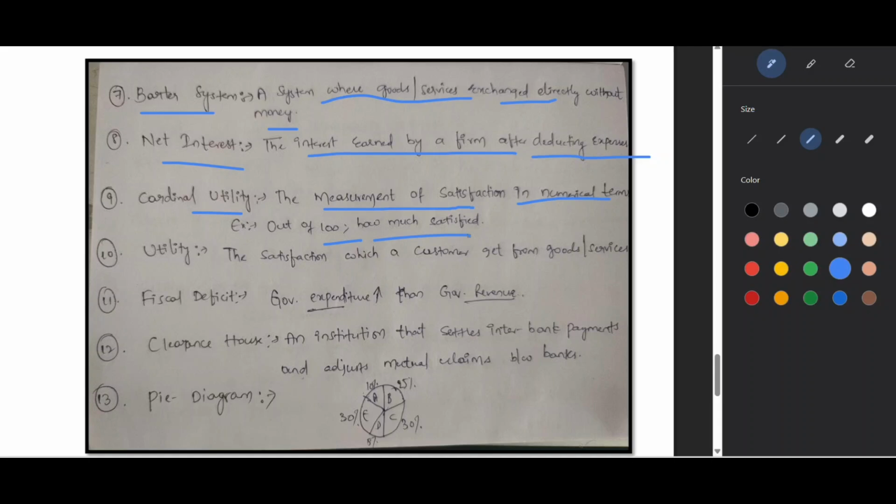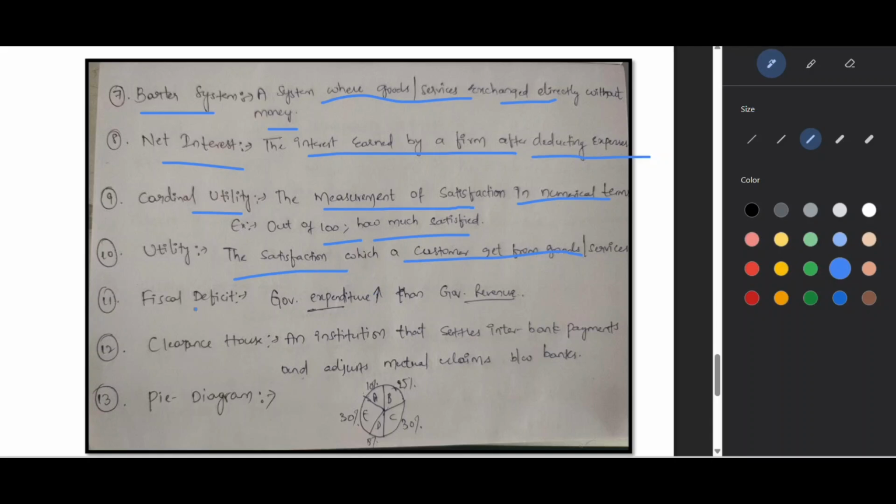That number which you are expressing, that type of satisfaction is called cardinal utility. Next, utility. Utility means the satisfaction which a customer gets from goods and services. Whenever you buy goods and utilize them, after utilization, whether you are satisfied or not, that type of satisfaction is called utility.